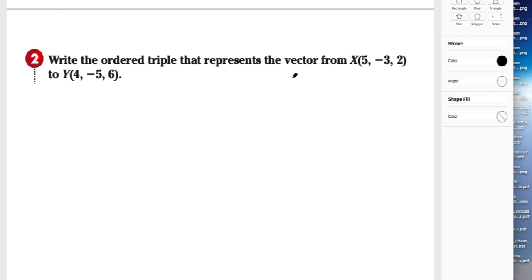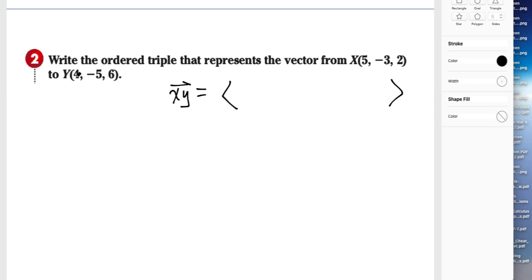In example 2, we're supposed to write the ordered triple that represents the vector from X to Y. So we remember that the rule told us in order to represent this as an ordered triple, we're going to find the difference, but we're going to start with the end point and subtract the initial point ordered triple.